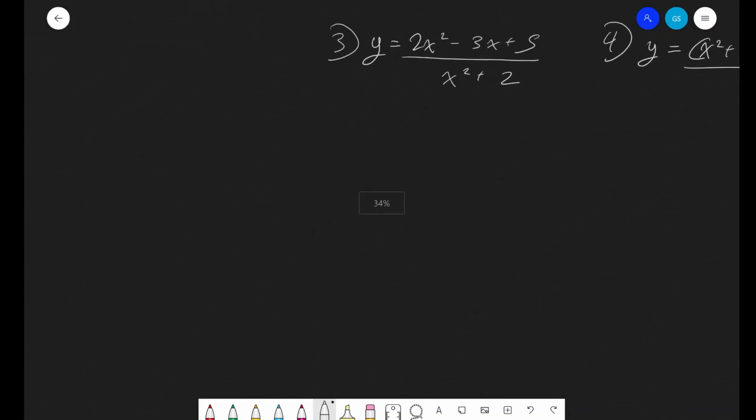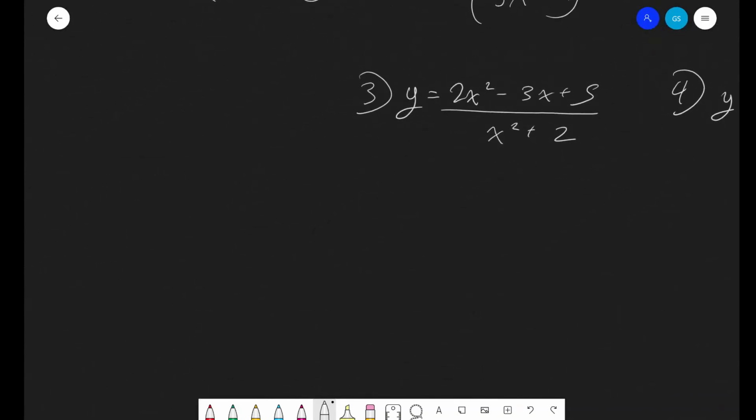Let's do question 3. This one's a bit of a doozy. So I'm just going to write it on the side here. Okay, y prime. So I'm just going to take a shortcut. I'm just going to differentiate the top part first. Instead of writing it, I'm going to differentiate. So that's just 4x minus 3 times x squared plus 2.